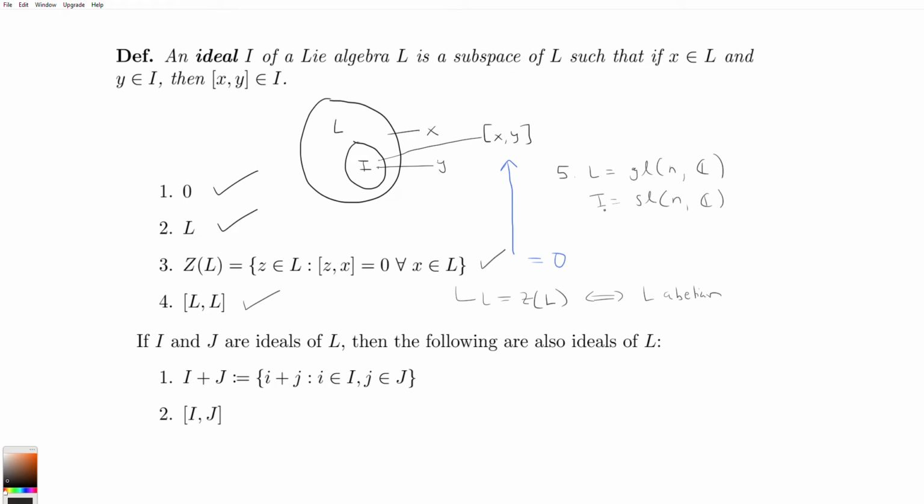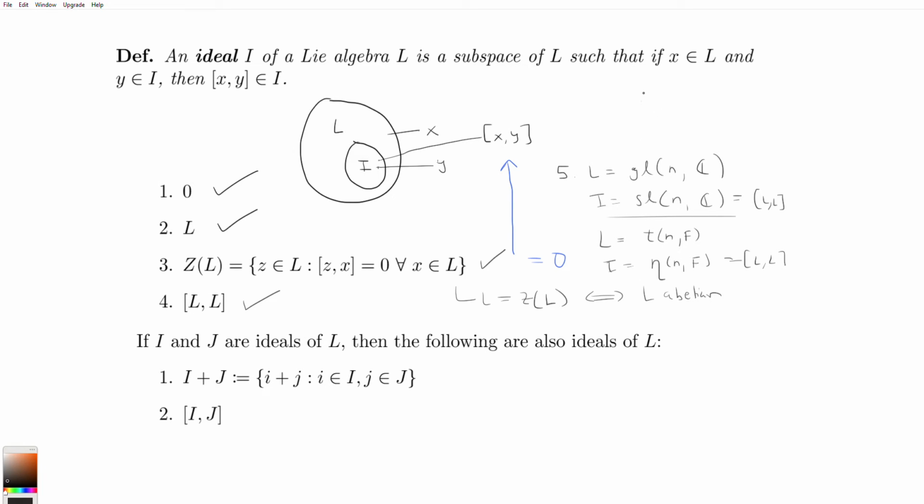And then another example is if L is equal to the triangular matrices, then the strictly upper triangular matrices is going to be an ideal. In fact, I'm kind of cheating here because I know a priori that these are actually just the derived algebras, right? And so this is actually very important to verify as well.